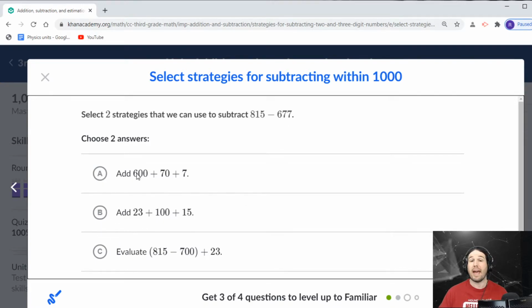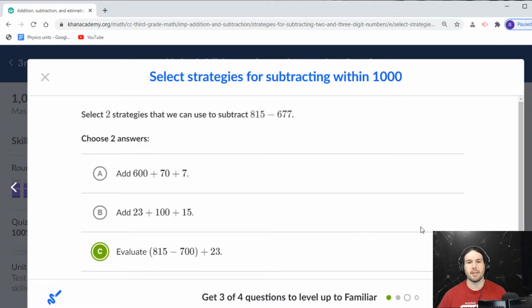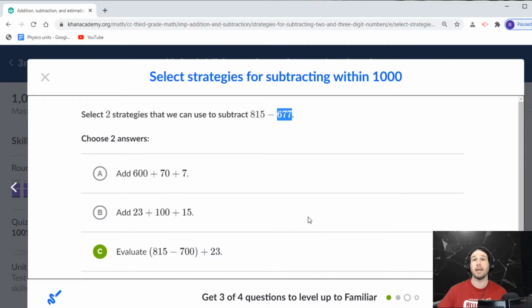Again, now I don't want to. Okay, C I can understand. Right? Because I can take away 700. The difference between 700 and 677 is 23. So I subtracted 23 too many, and I add them back up.